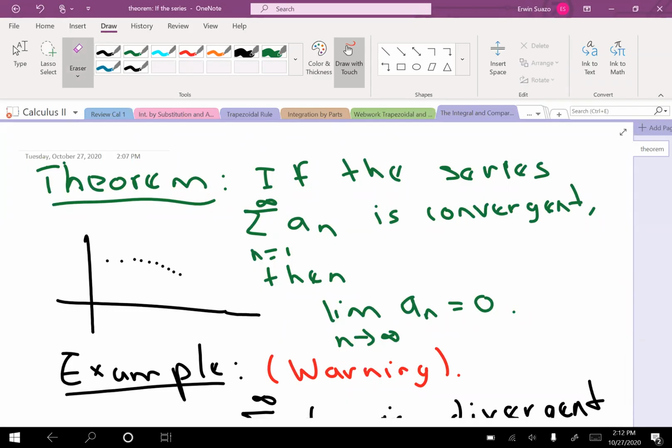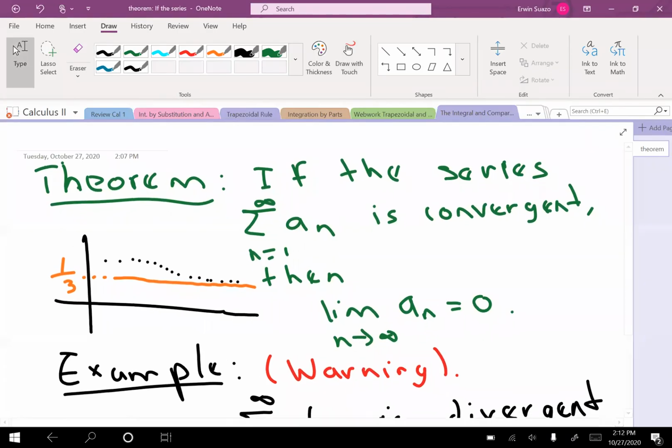If they stay up here, let's say this is 1/3, if a_n is bigger than 1/3, well, a1 is bigger than 1/3, a2 is bigger than 1/3, a3 is bigger than 1/3.